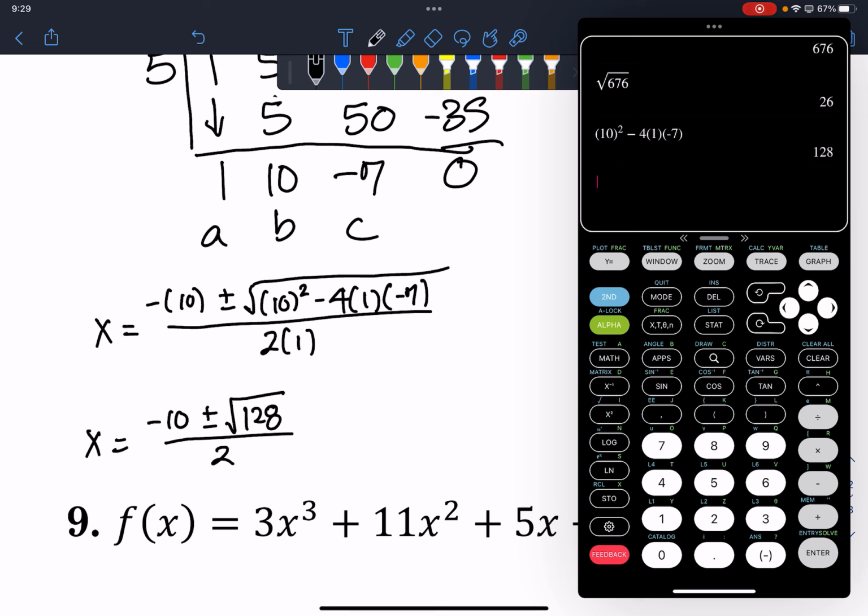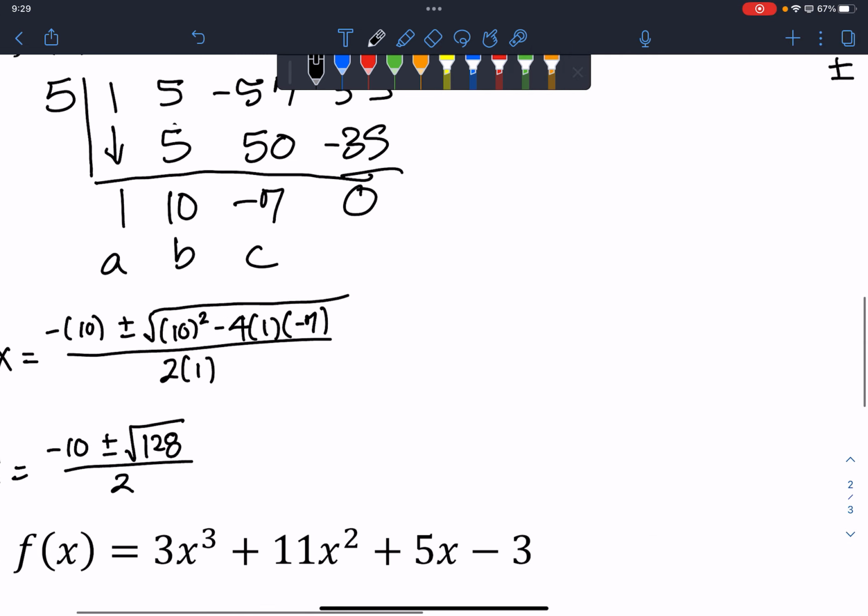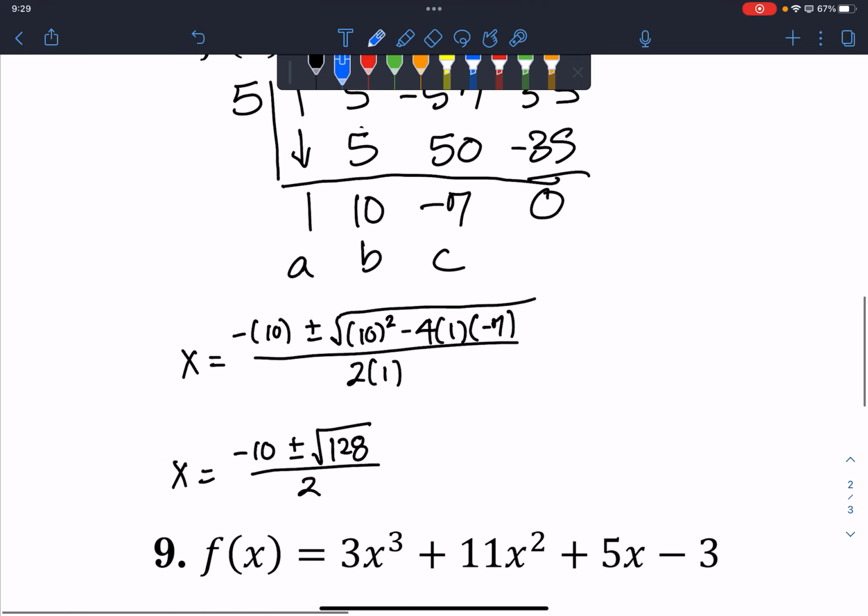Now 128, let's see, 128 can be divided by 16, yeah. Actually, 128 could be divided by 64. Yep, we can divide by 64. So let me do some side work over here.